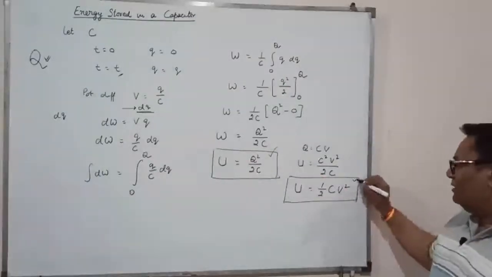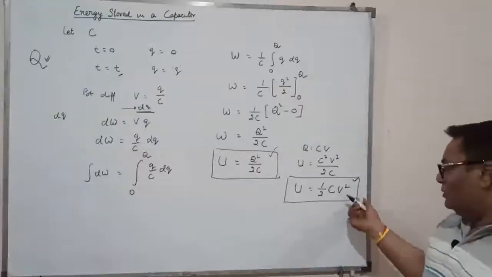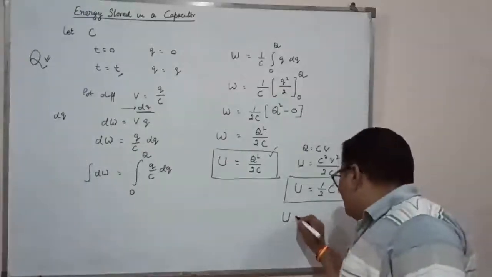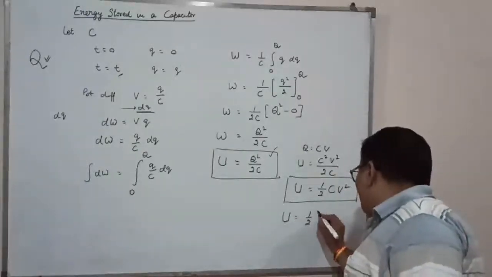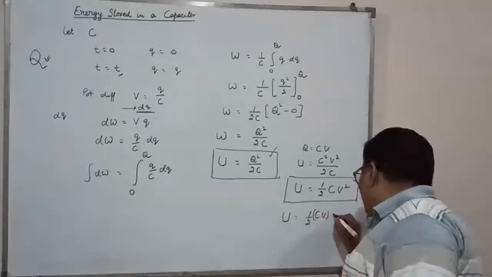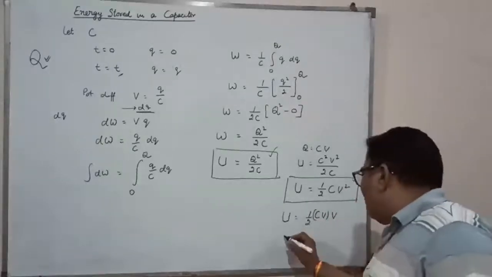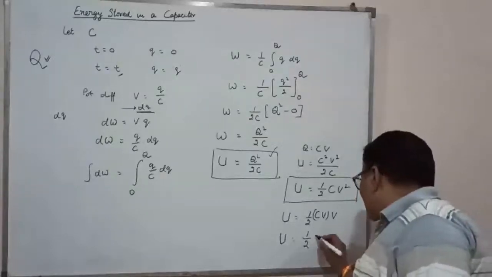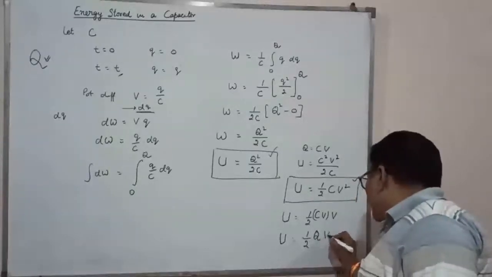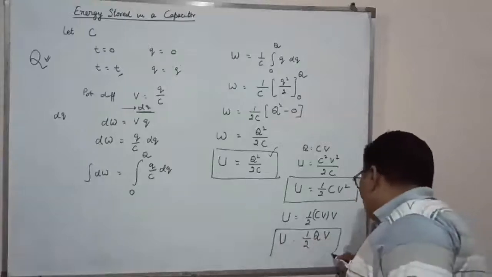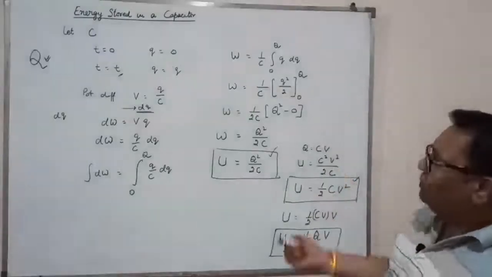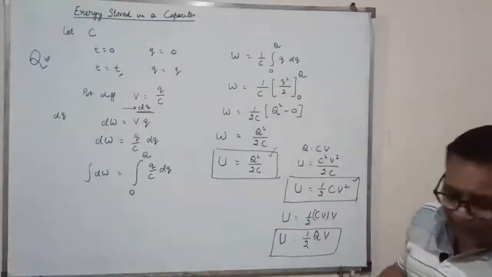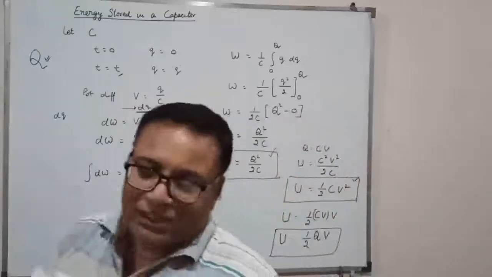This formula, or another way, U is equal to half CV into V, or U is equal to half QV, where CV is Q. Whatever be the requirement of the numerical, we use the formula.